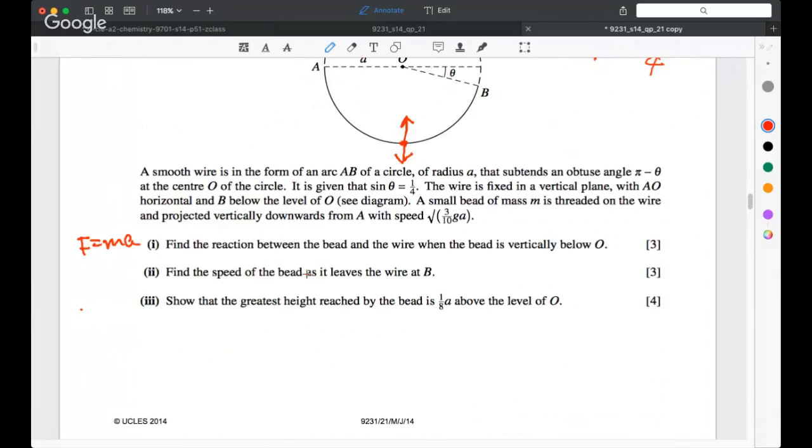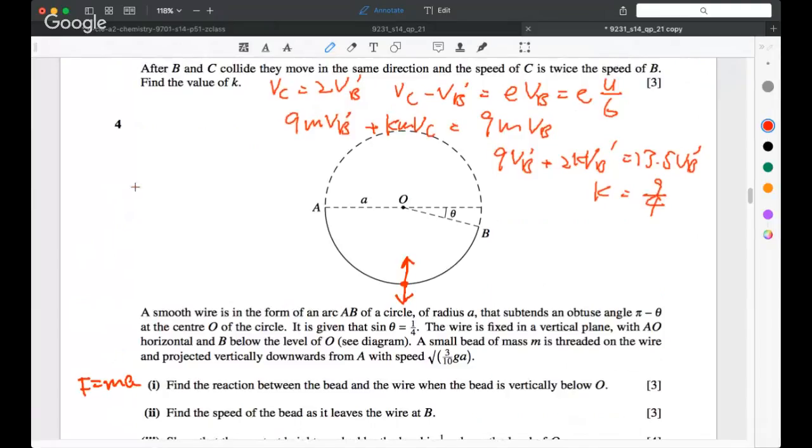And we know that in a circular motion, we have acceleration v squared over A, where A is the radius of the circle, and that times mass m is equal to the total resultant force, which is just R minus mg.